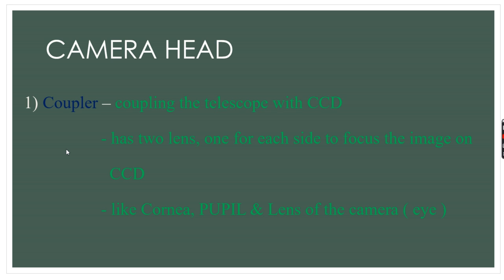So whenever we are using the telescope assembly along with the camera head, you must have observed the consultant saying, just focus the image. So here is the function of this coupler. It is used to focus the image. That round wheel usually present at the proximal end of the telescope when the camera head is attached to it, that coupler, focuses the image on the CCD. So it is almost similar to the cornea, pupil and lens of the eye I have just explained.